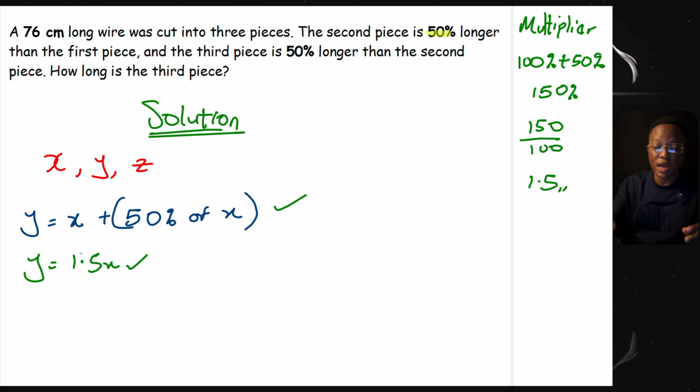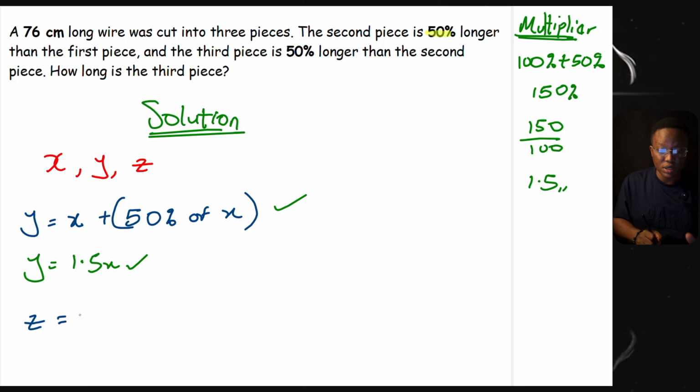All right. So I intentionally chose to apply the multiplier because it makes work easier significantly. All right. Now Z, the third, is 50% longer than the second piece.